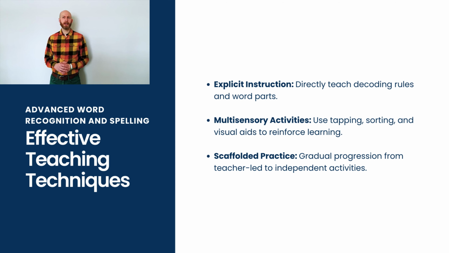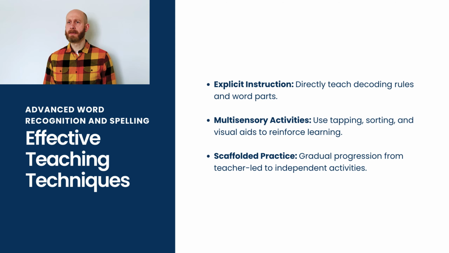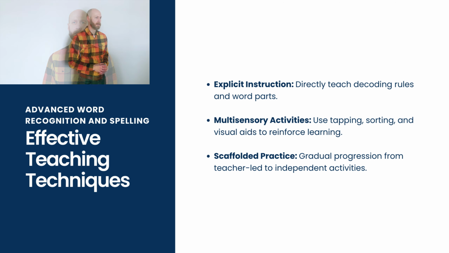Here are 3 effective techniques for teaching advanced word recognition. First, explicit instruction, directly teaching decoding rules, morphological units, and irregular words with clear examples and guided practice. The second is multisensory activities, using hands-on methods like syllable tapping, sorting, and visual aids to reinforce learning.